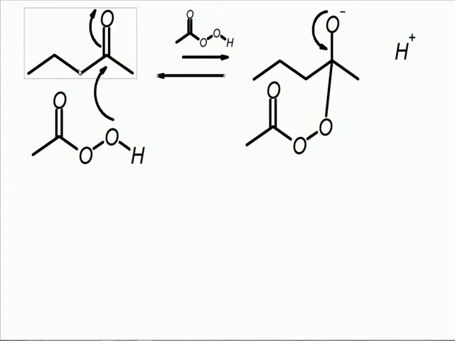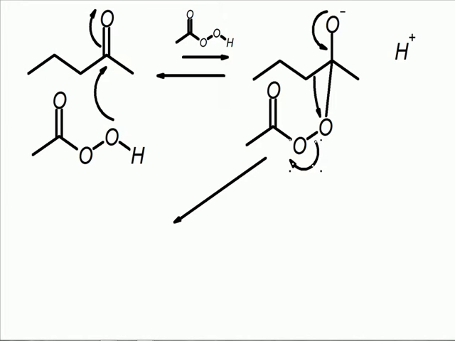But the permanent reaction and the permanent change would be, and this is why it's called the rearrangement, this bond right here on the more substituted side, the bond itself is going to break, attack that oxygen, and kick off a carboxylic acid.